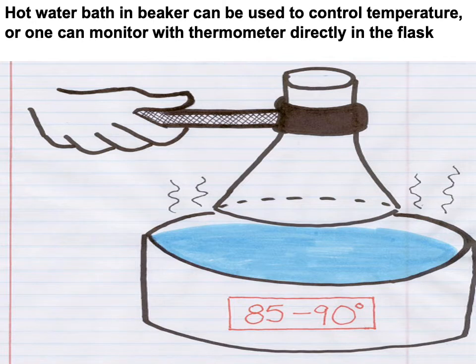As you see, we are going to have the hot bath and put the Erlenmeyer flask inside the hot bath and heat between 85 to 90 degrees Celsius. We don't want to go above 90 degrees because we don't want to boil the solution.